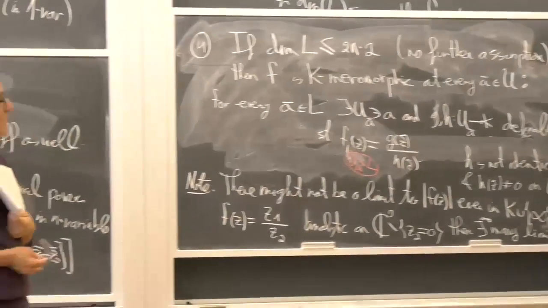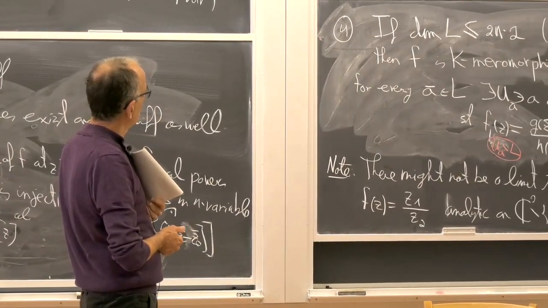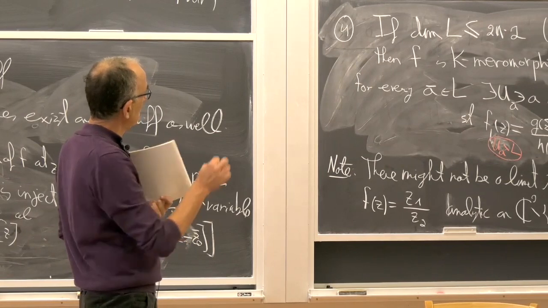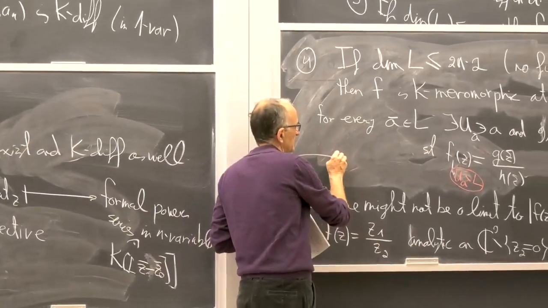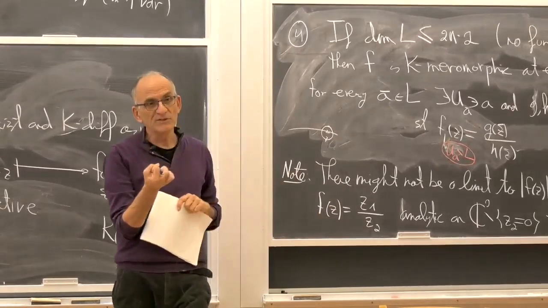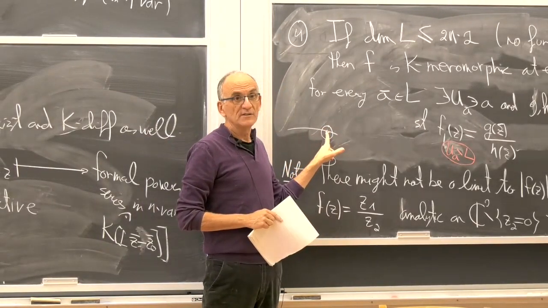It's only a local property, so you don't care. You go to a point Z0, and now you just care what happens near it. And if it's bounded there, you just extend it analytically.